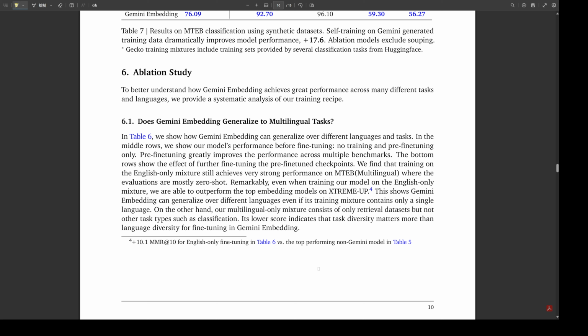Okay, so what were the standout results on these benchmarks? So on the MTEB multilingual benchmark, they achieved state-of-the-art performance. They hit a task mean score of 68.32. That's a huge jump, an improvement of plus 5.09 over the previous best model. Wow, plus 5.09. That's a significant improvement. It is.